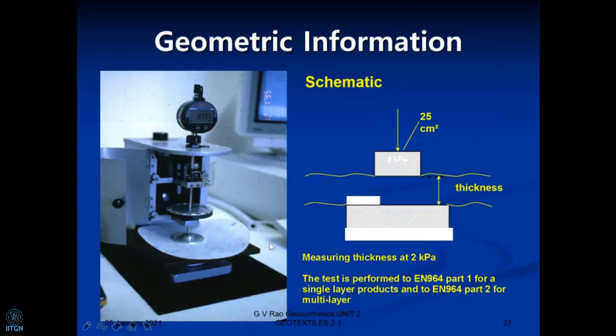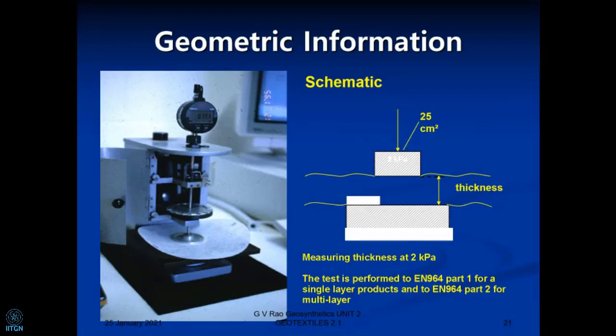So you see that there is a base plate in this equipment. We have a specimen here, and there is a pressure plate. This plate is placed, and then we find out the relative readings. The difference between the initial value when no geotextile is there and when the geotextile is introduced gives us the thickness. Thickness is measured at the pressure of this pressure foot, which gives us 2 kilopascals.